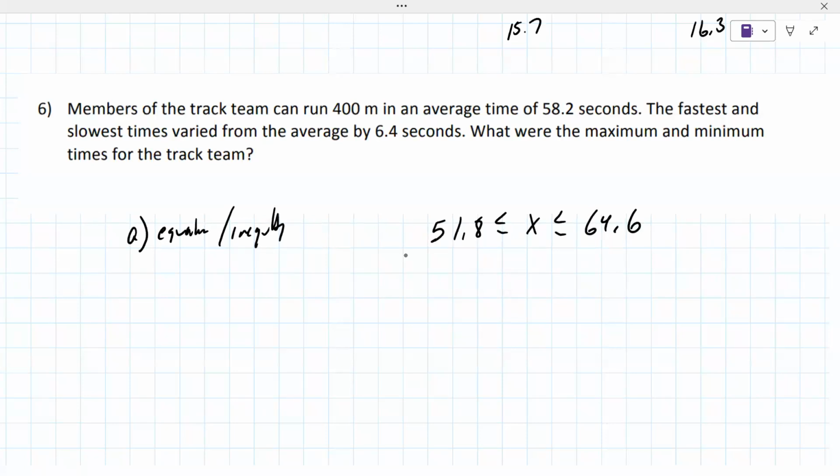All right, good. And that gives you the max and the min there, like that. Yeah. All right, good.